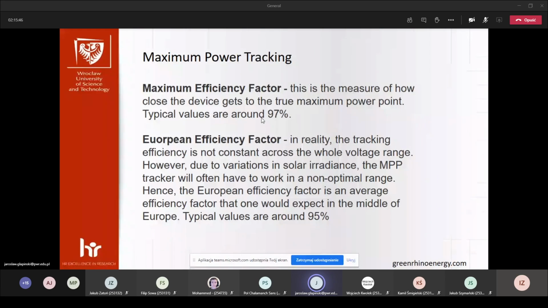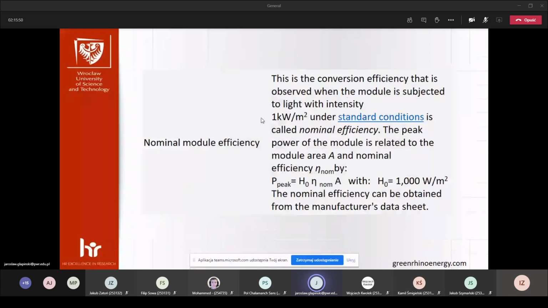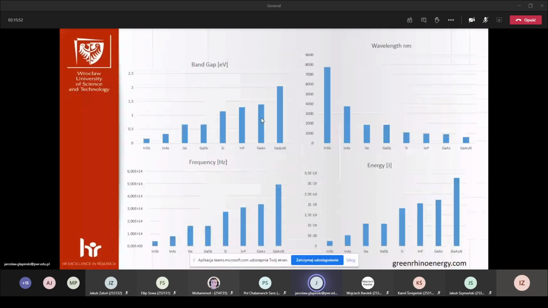Okay, what else? If you can see, we can produce these photovoltaic panels with different substances. This is typical germanium, typical silicon, but we can also utilize different materials.